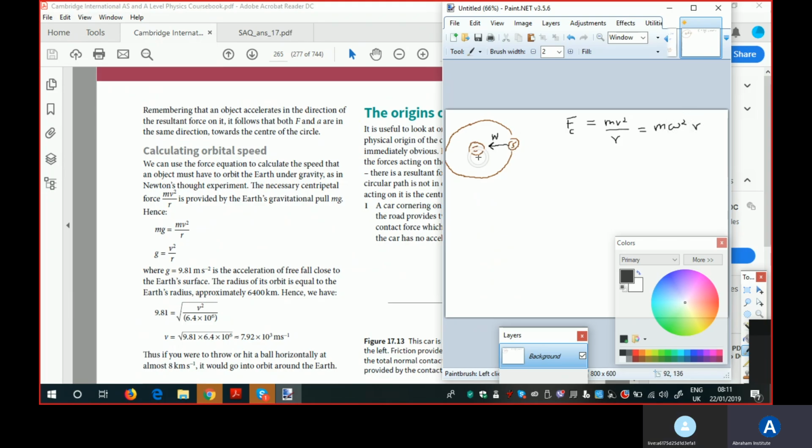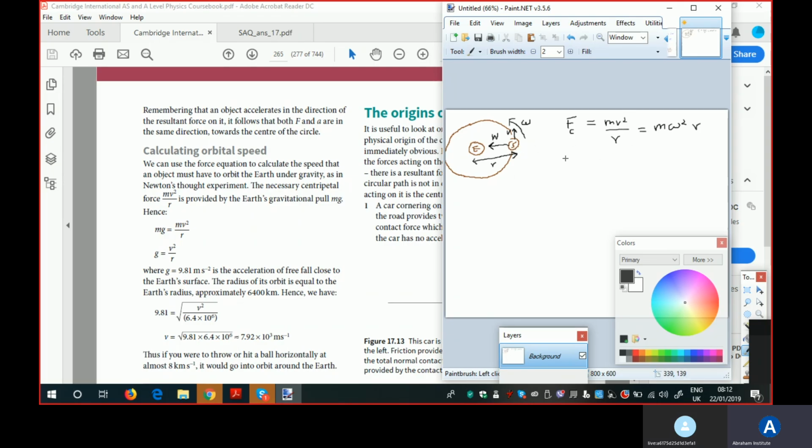Okay, so here we have the radius of the circle, from here to here, and then here we have the angular speed omega, and the tangential speed, or in simple terms the speed, is that way. Radius we know, m is the mass of the satellite.